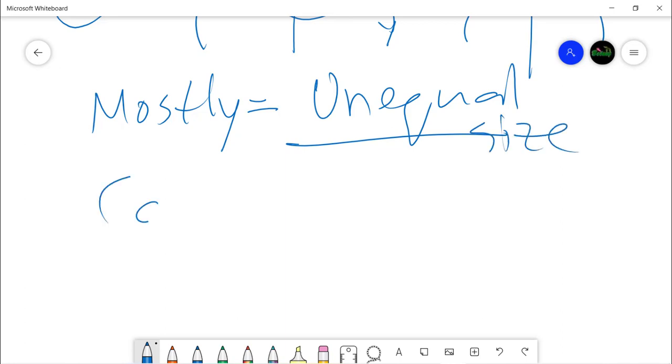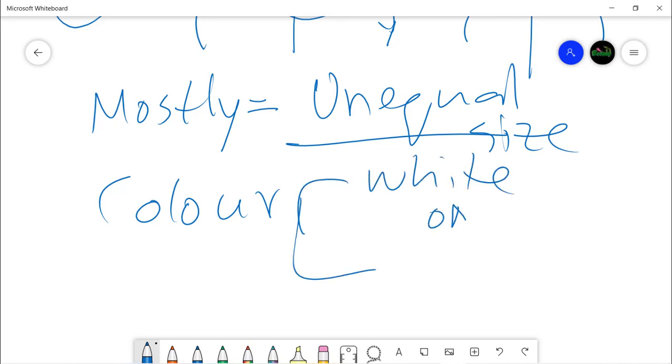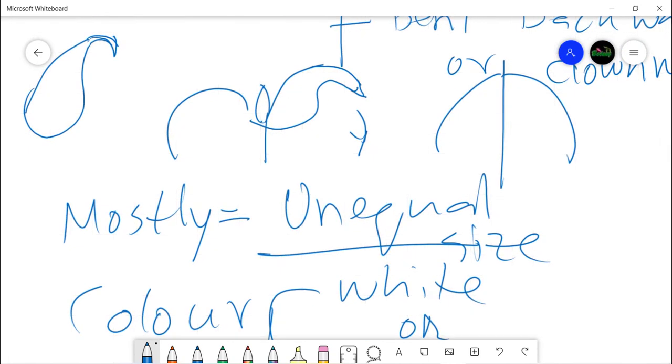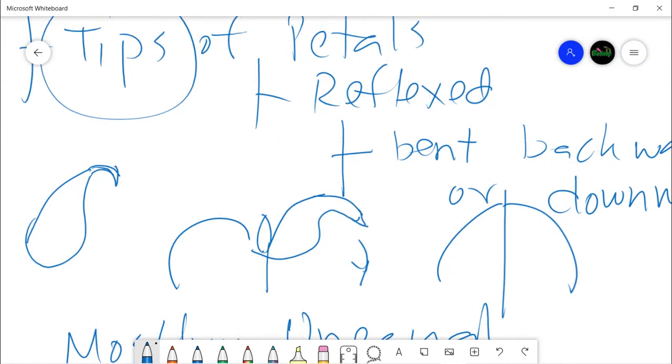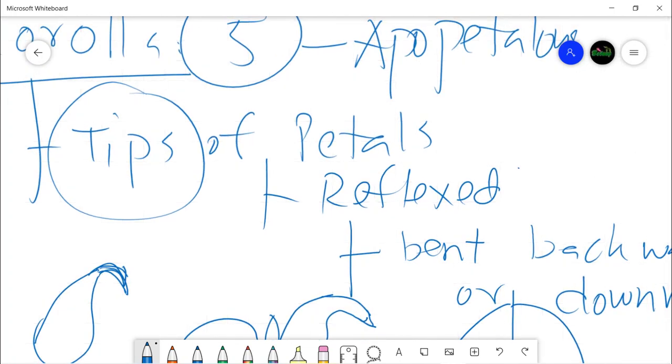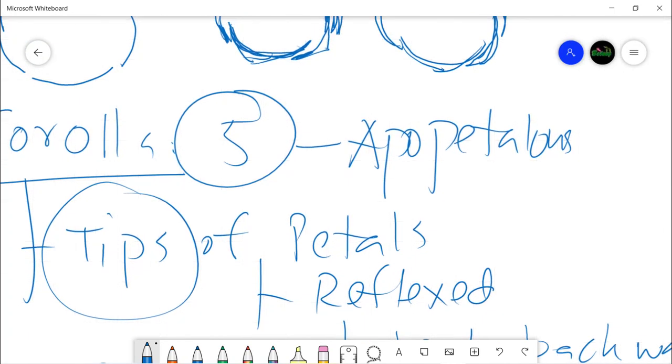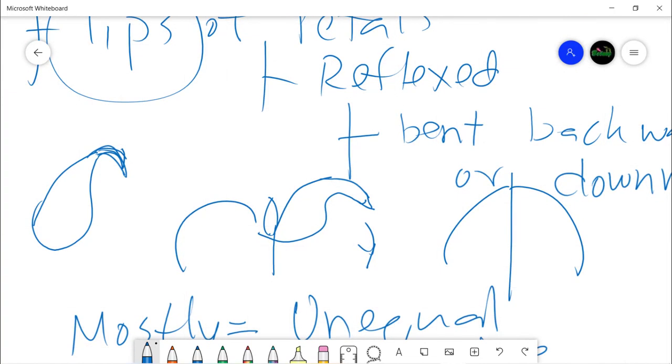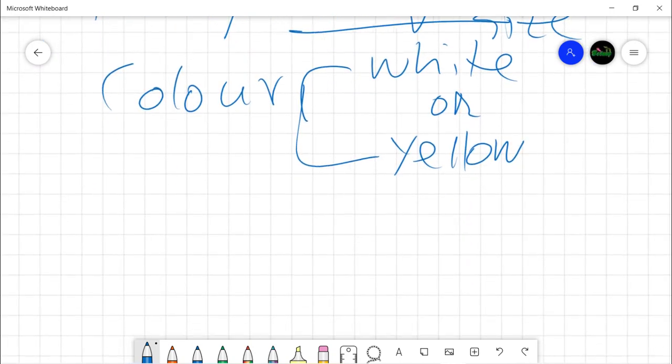As far as their color is concerned, it might be white or yellow. They are often of unequal size. Their tips might be bent backwards or downwards, so their tips are reflexed, and their usual number is 5, and they are apopetalous, free from one another.